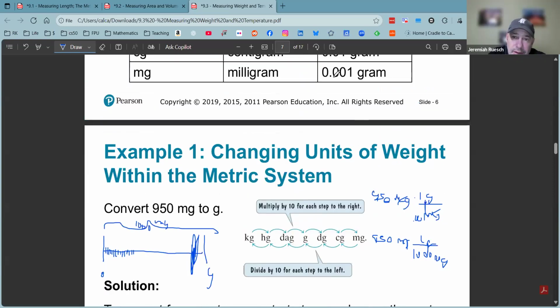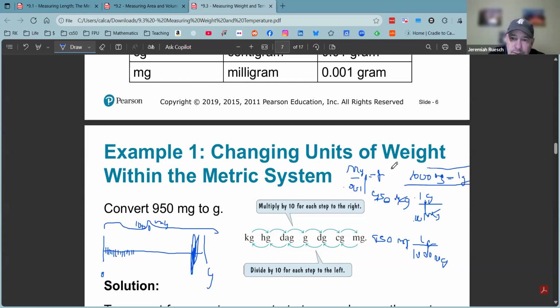To see that, if we look at this relationship, I want grams, right? So I need to move this over to make it milligrams. So mg divided by 0.001 is equal to grams. Dividing by this relationship means that this comes upstairs and it becomes 1,000 milligrams is equal to 1 gram.